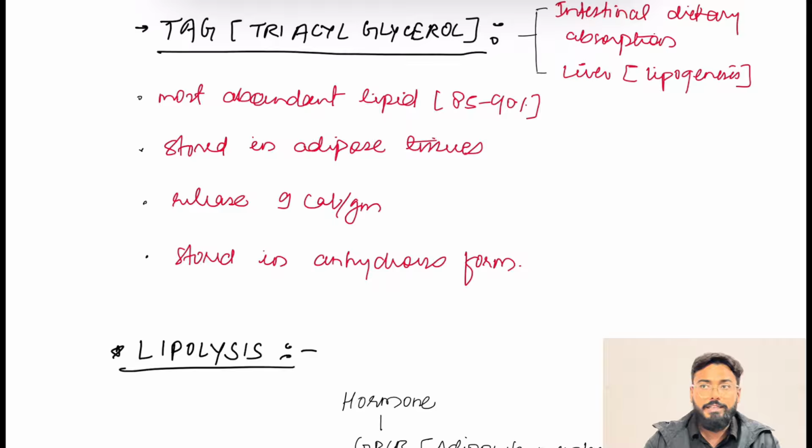Whereas carbohydrates like glycogen and other variants are going to attract water wherever they exist. They will ultimately increase the body weight. So in order to generate the same amount of energy, you need more glycogen, whereas you need very little fat, triacylglycerol or fatty acid, to generate the same extent of energy. That is the significance of triacylglycerols being stored in anhydrous form.